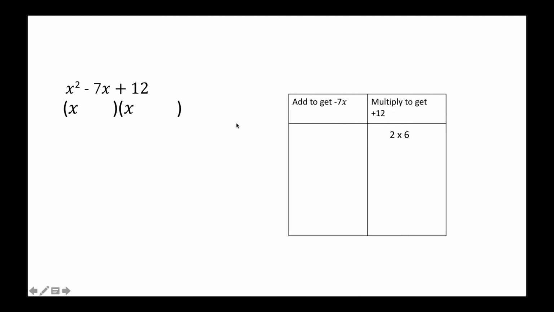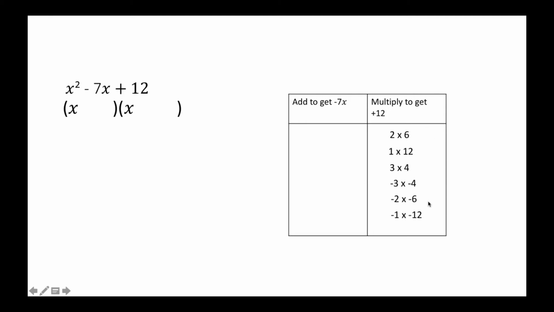Which numbers multiply together to get 12? 2 times 6, 1 times 12, and 3 times 4. It needs to be a positive 12, which means we can also have minus 3 times minus 4, because it makes a positive, minus 2 times minus 6, and minus 1 times minus 12, which also give a positive 12.